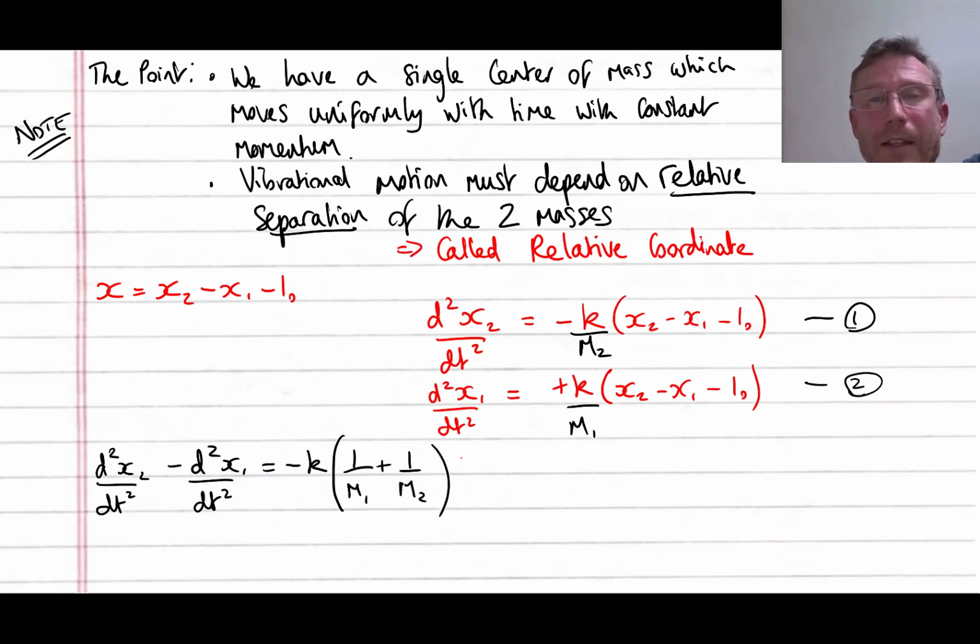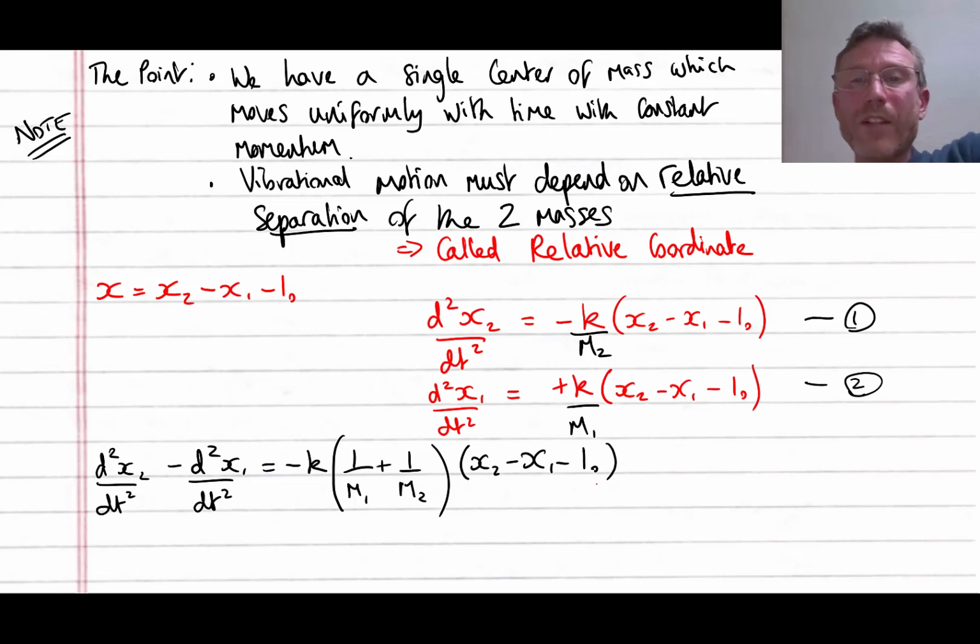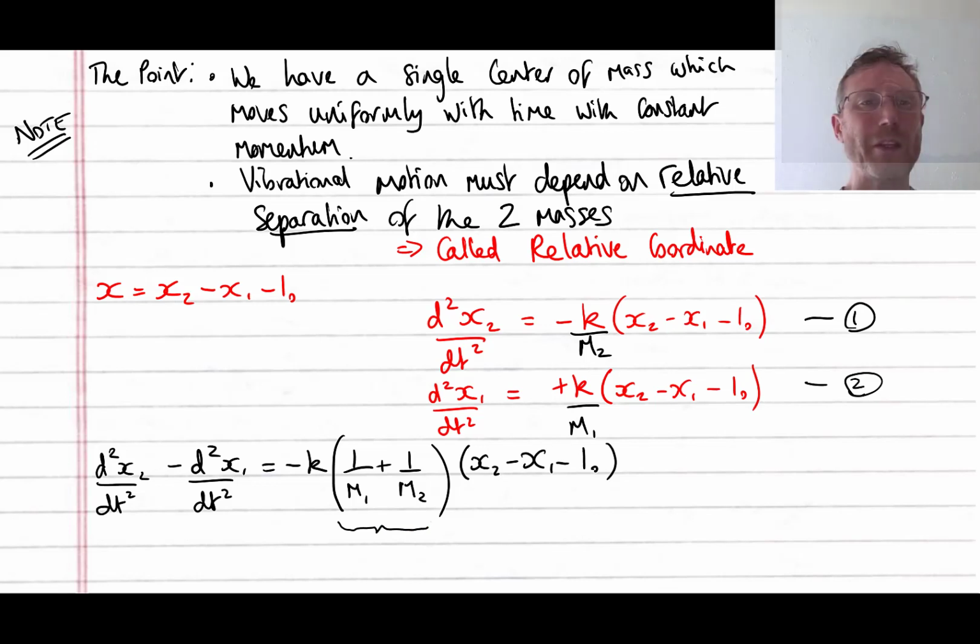Okay, and in the brackets here, x2 minus x1 minus L0. So we're subtracting one equation from the other, hence we get this 1 over m1 plus 1 over m2 term as a second factor on the right hand side.